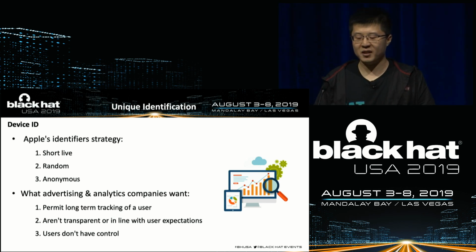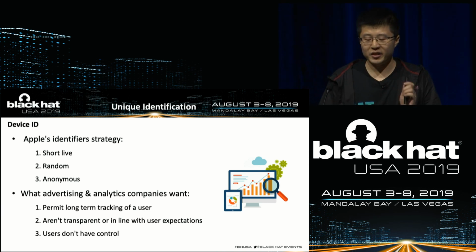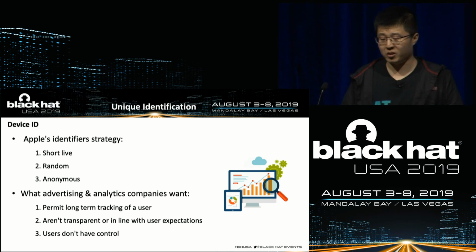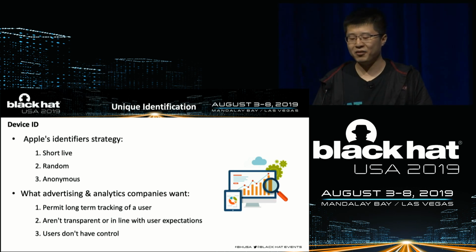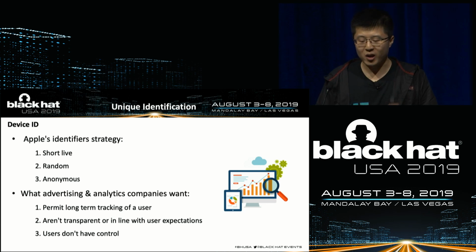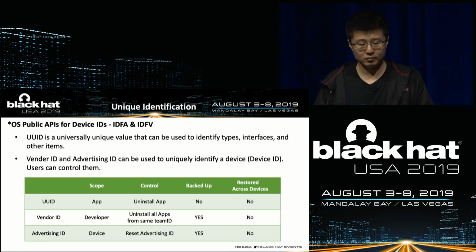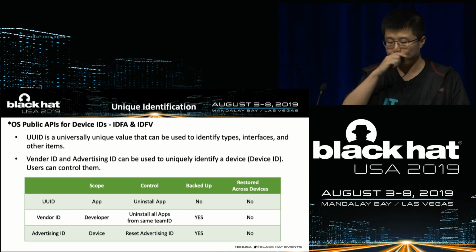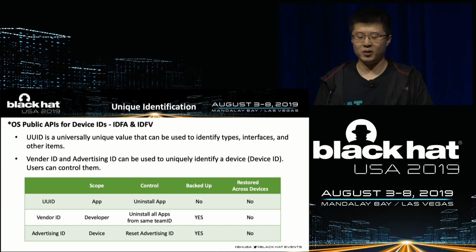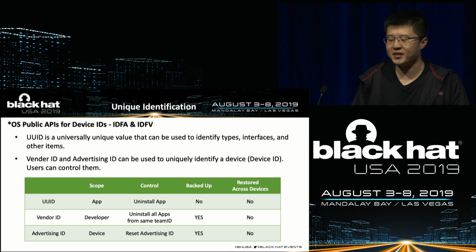In Apple products, the strategy is to offer short-lived, random, and anonymous identifiers. However, advertising and analytic companies want to permit long-term tracking of a user without user control. So Apple provides developers some public APIs for device ID.